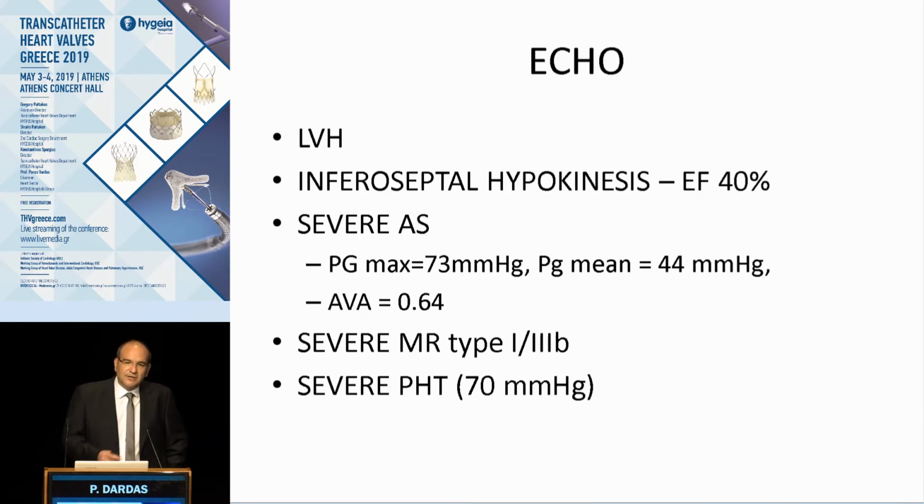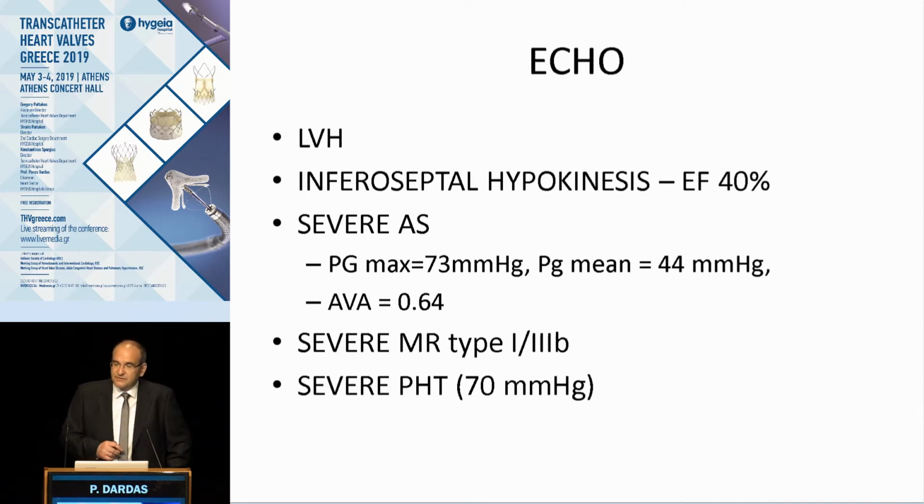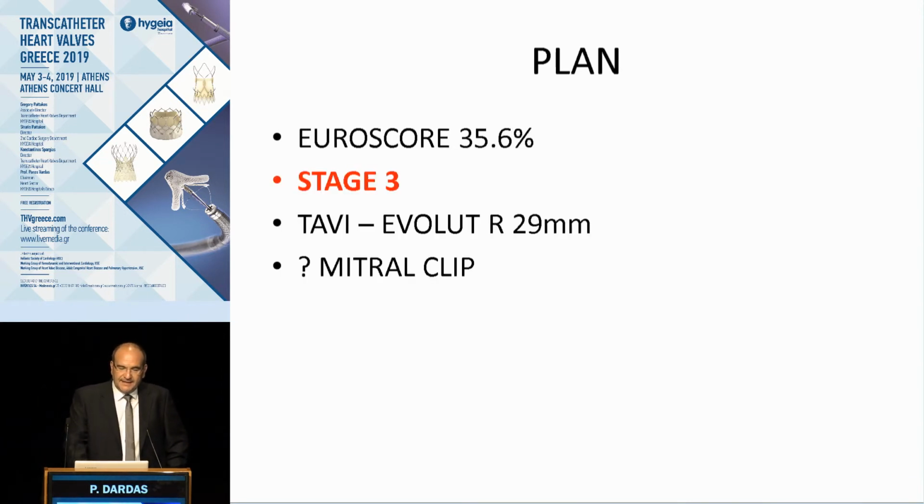His echocardiogram showed inferior hypokinesis with moderate LV function, severe aortic stenosis, valve area 0.64, and also severe ischemic mitral regurgitation with severe pulmonary hypertension. His coronary angiogram showed patent grafts and no severe stenosis in the right coronary artery, which was not grafted before. And he was stage 3 according to previous classification. We opted for TAVI and then decide what to do with the mitral regurgitation after TAVI.